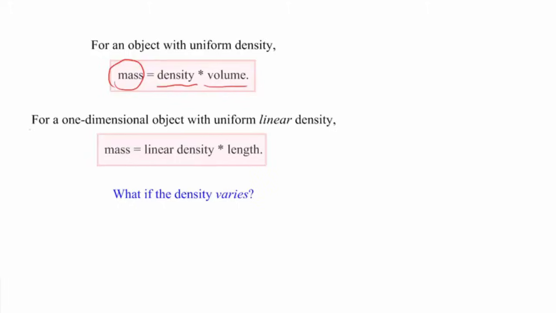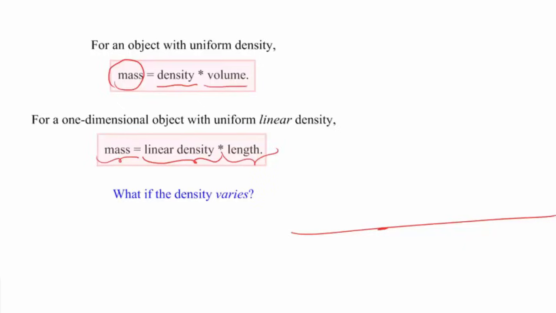And then it says for a one-dimensional object, so we're thinking like a coil of rope, or a wire, something like that, then the linear density, the amount of density, just because it's one-dimensional, we call it linear, times the length gives you the mass.